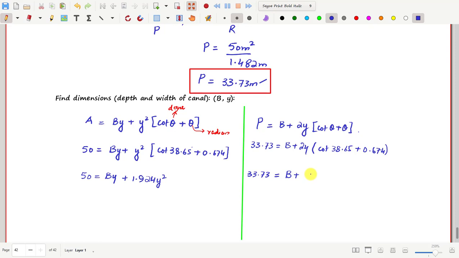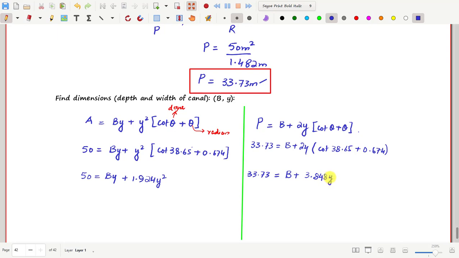So I need to multiply the equation of cot 38.65 plus 0.674 multiplied by 2. So 2 multiplied by 1.924, you will get 3.848y.